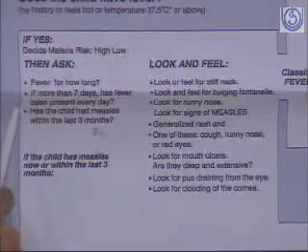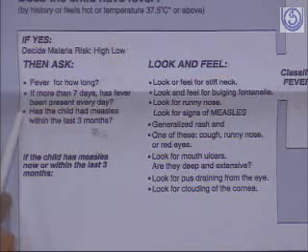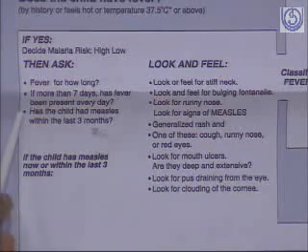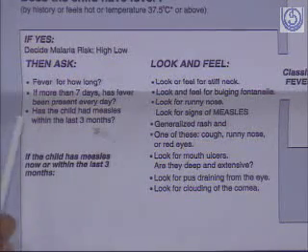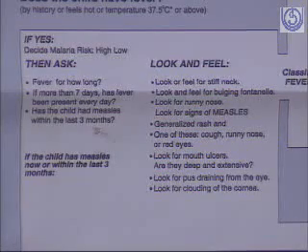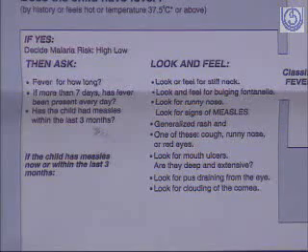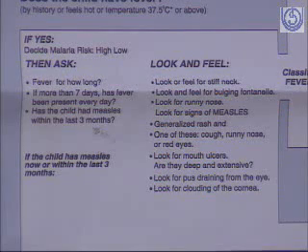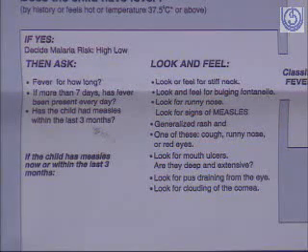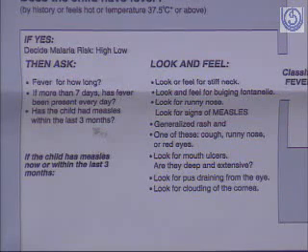The next question we ask: has the child had measles now or within the last 3 months? Because if the child has measles now or within the last 3 months, we will assess the child for the complications of the measles. So having asked these questions, we will proceed for the further assessment of this child by looking and feeling.